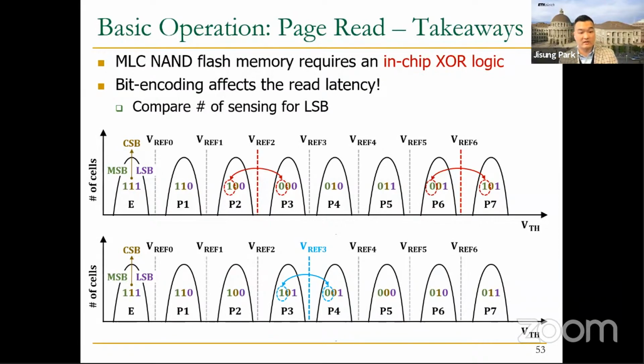If possible, we may store the important, reliability and performance sensitive data only using the MSB page with this asymmetric encoding. I personally believe this can be an interesting topic to explore, and it is one of the topics we will suggest as the hands-on project for you.